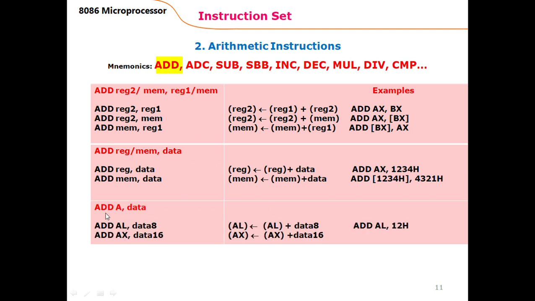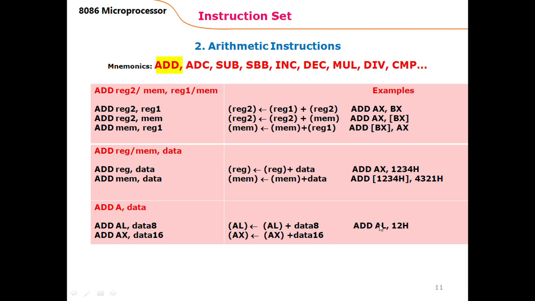And finally, in this form, there is an accumulator register used as the destination of data. The accumulator can be used as an 8-bit or as a 16-bit register. So the 8-bit immediate data is added with the AL register, and the result is stored back into the AL register.